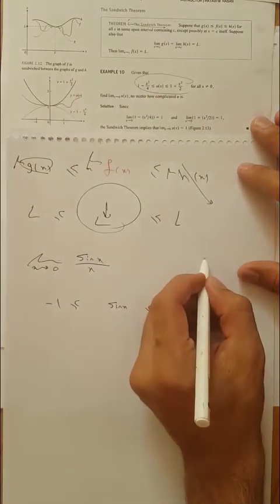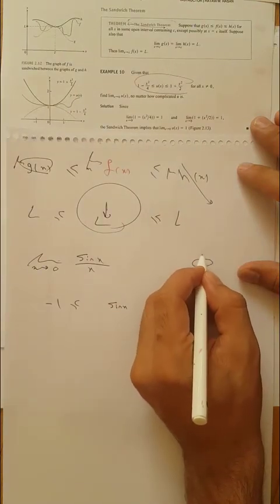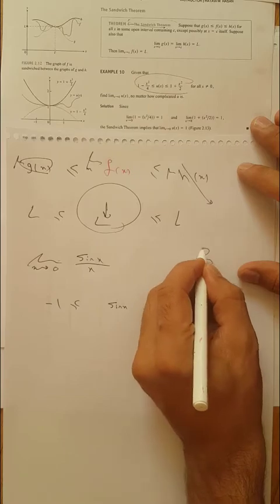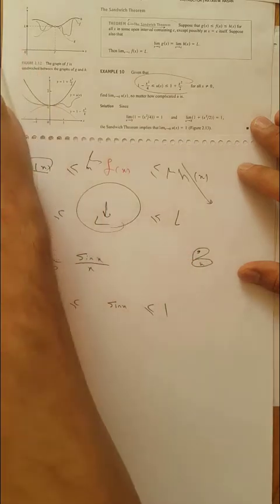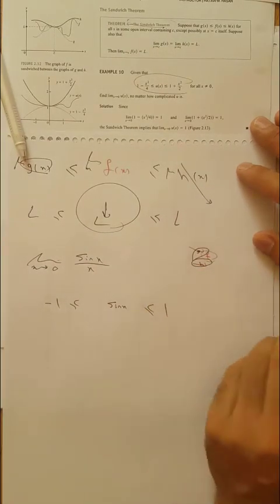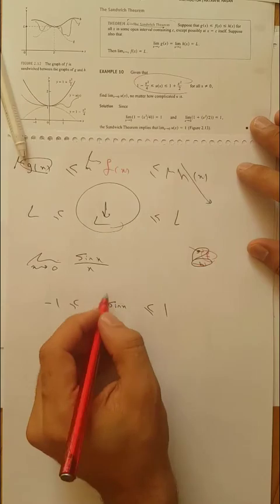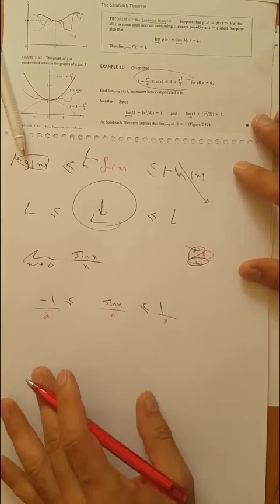It's like a sandwich. Here's the first rule, here's h, here's g. Now your function is f. If you can solve this one, you can also solve that one. And if we divide by x, we have something else.